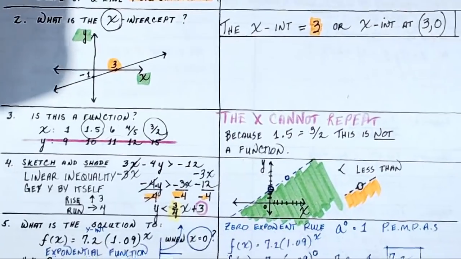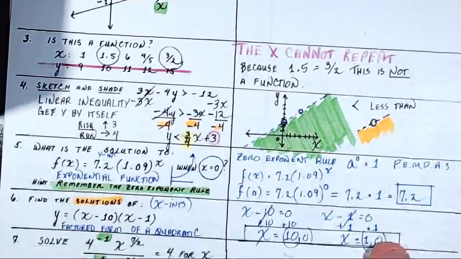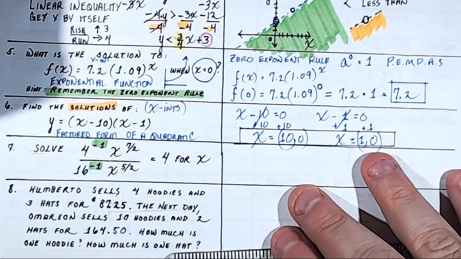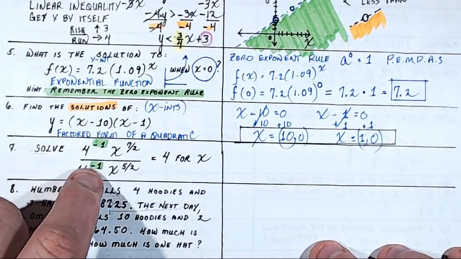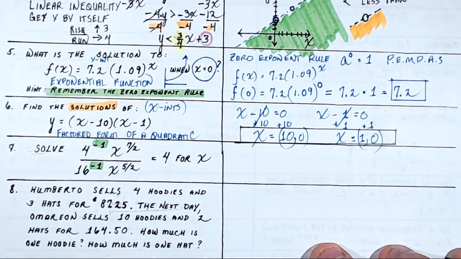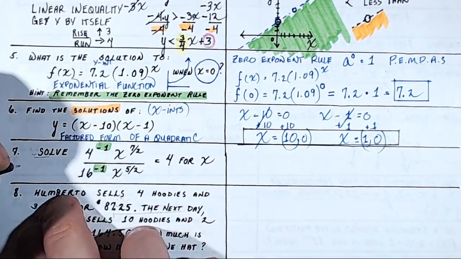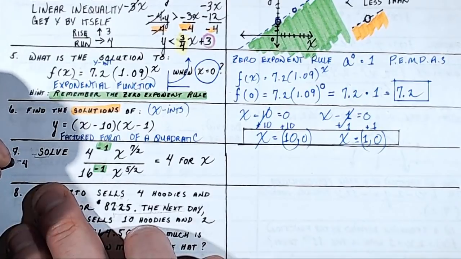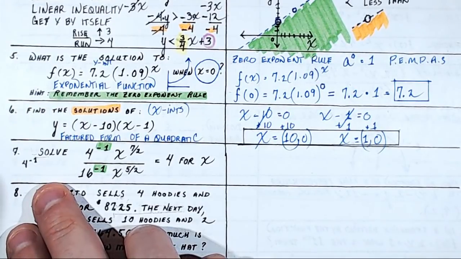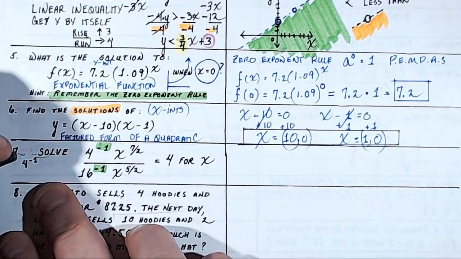Well, now down here on number 7, I don't have any negative signs. I've just got some number raised to the -1. So I'm going to flip the fraction. So it's kind of like this. I have 4 to the -1, which is 4 over 1.